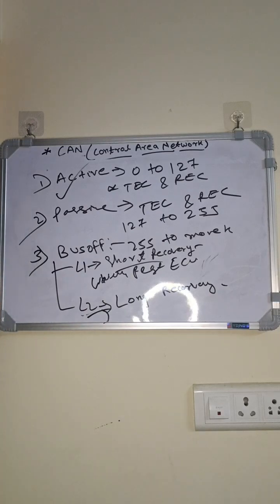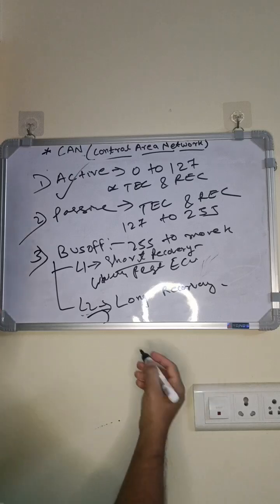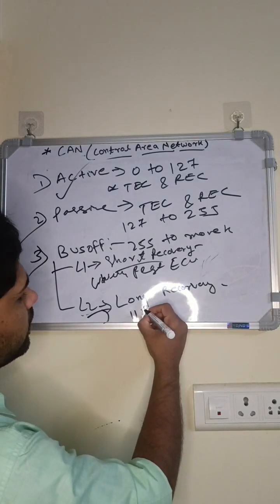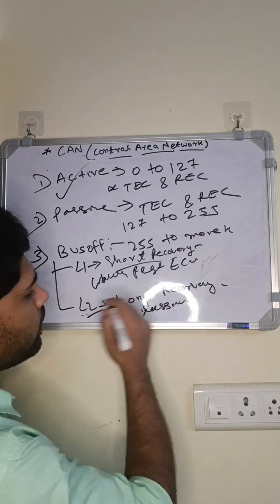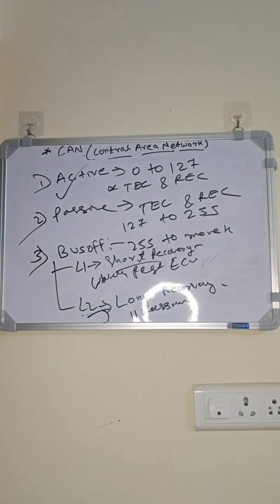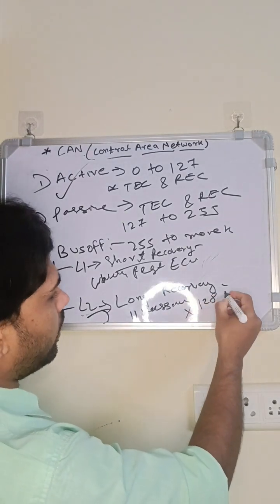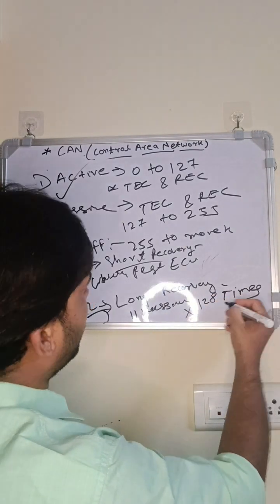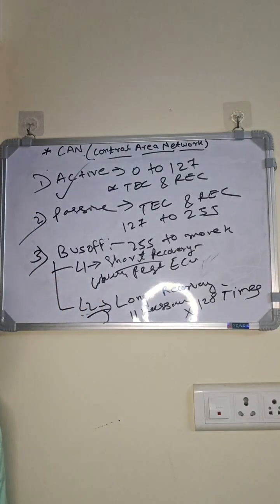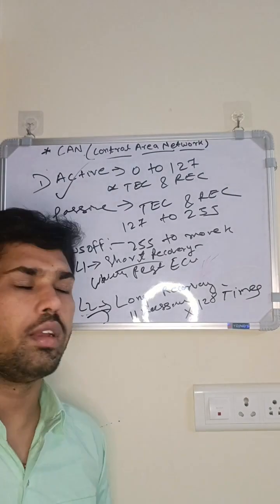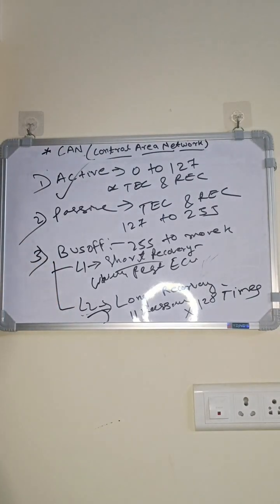Then it will reset or reinitialize the CAN controller, and we can send 11 recessive bits, 128 times. Okay, so L2 is nothing but sending 11 recessive bits 128 times. So that is L2 recovery, known as the long recovery.